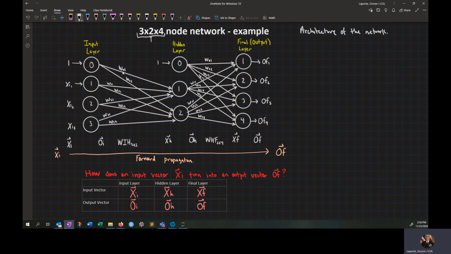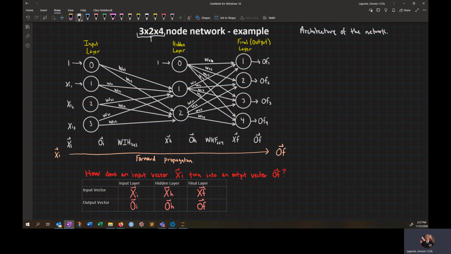That leads to a W01, a W02, a W11. What does the 01 stand for? It means from 0 to 1. The 02 means from 0 to 2. The 11 means from 1 to 1, and so on. Every time I label it, the first number is the previous node number, and the second number is the next node number, in the next layer.